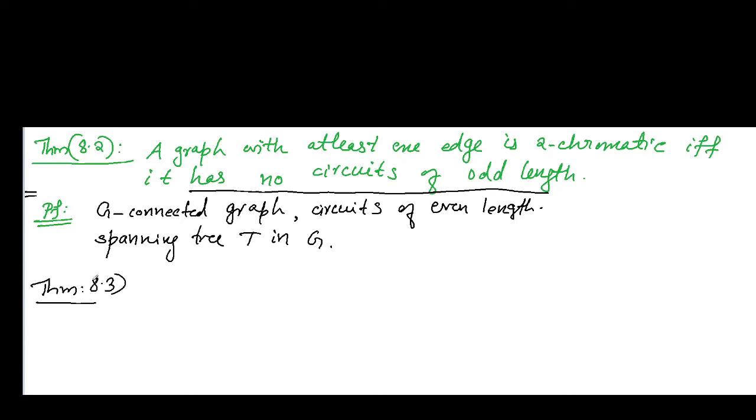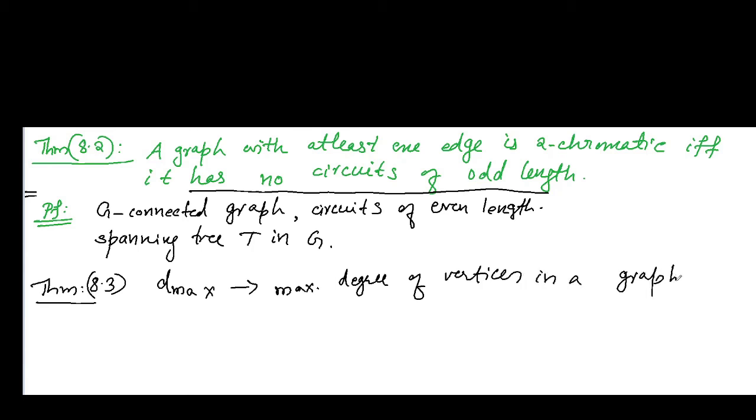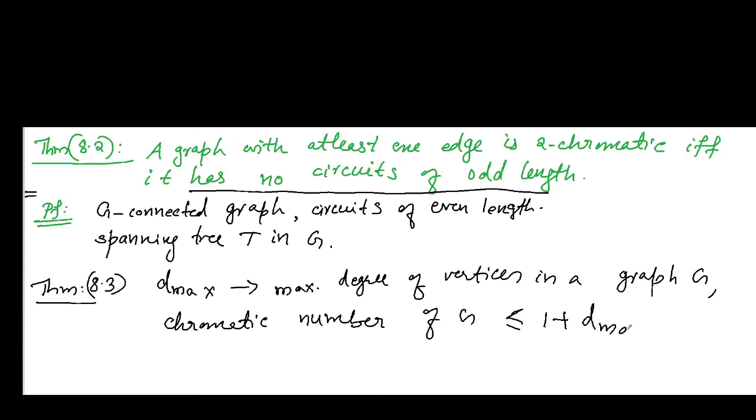Theorem 8.3. If D max denotes the maximum degree of the vertices in a graph G, then the chromatic number of that graph G is less than or equal to 1 plus D max.